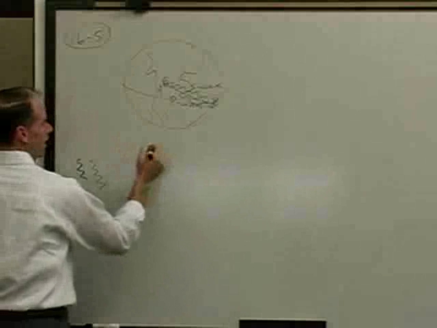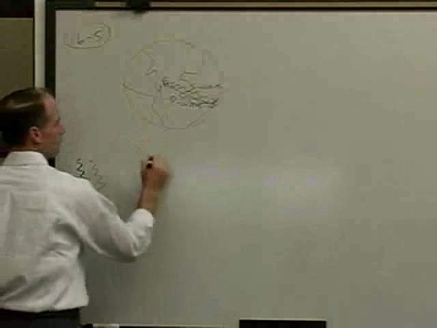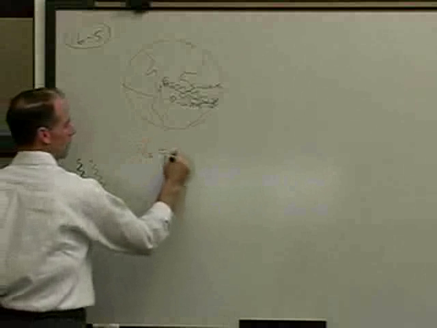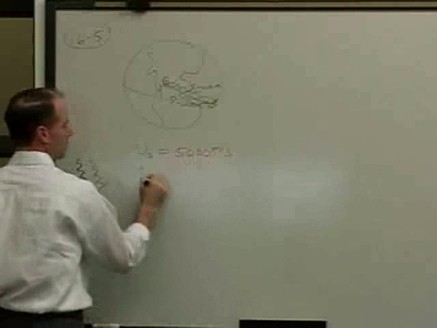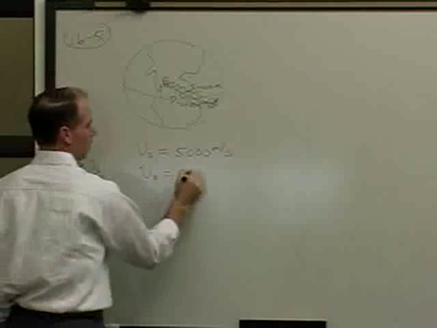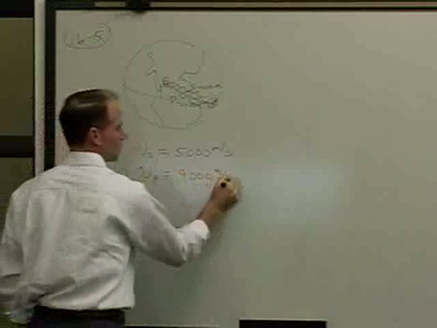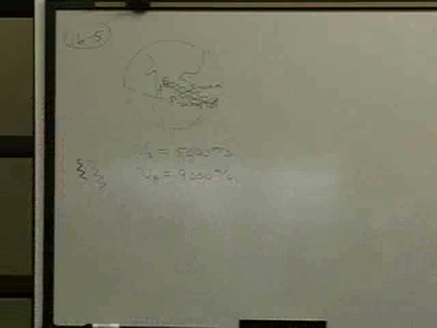In this case, though, we're told that the velocity of the S wave was 5,000 meters per second, and the velocity of the P wave was 9,000 meters per second. And we're told that at a particular seismic station, P waves are received 1 minute before an S wave arrives.